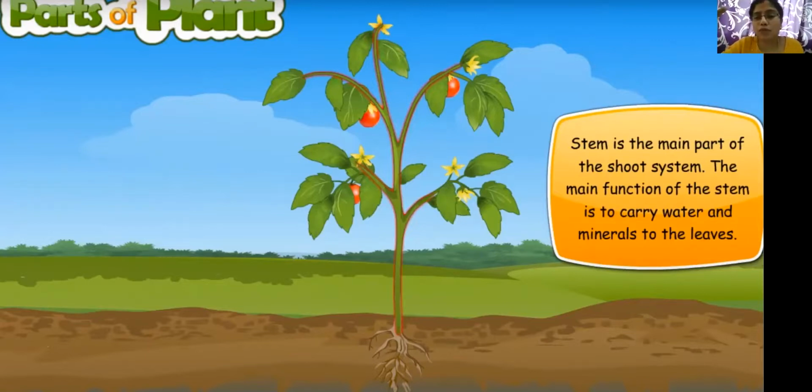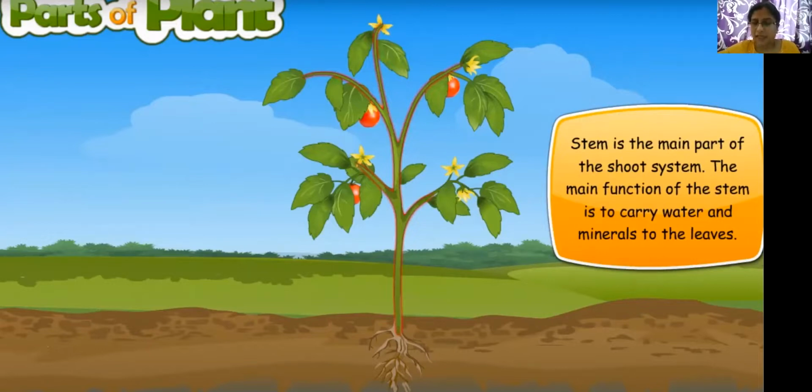And if the plant has fruits, the stem only carries the water and supplies it to all the parts of the plant above the ground. So the stem is a part of the plant's shoot system. It carries water to all the different parts of the plant, be it flower, fruit, or leaves.